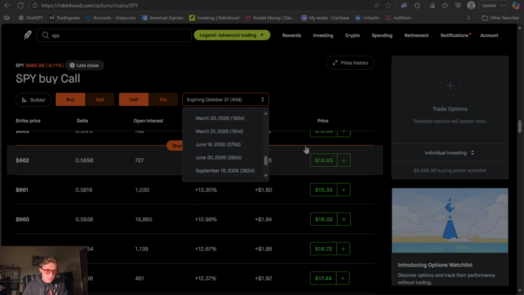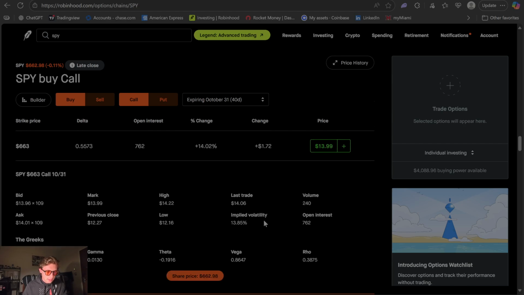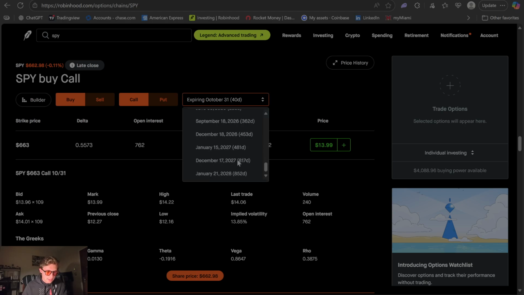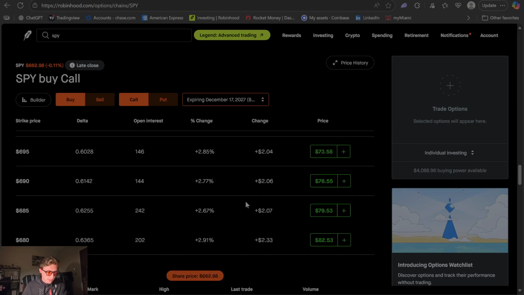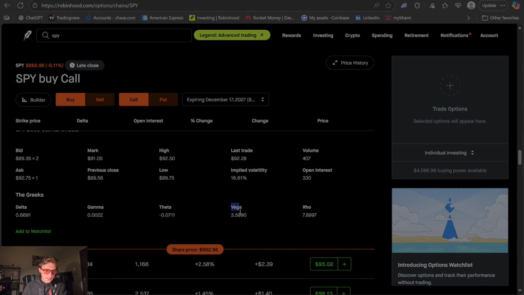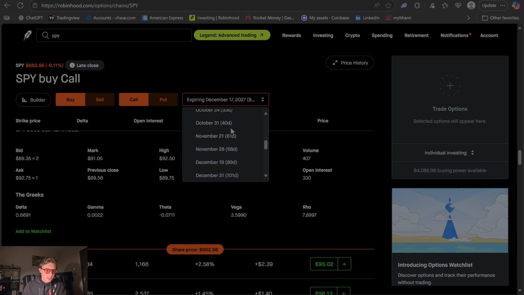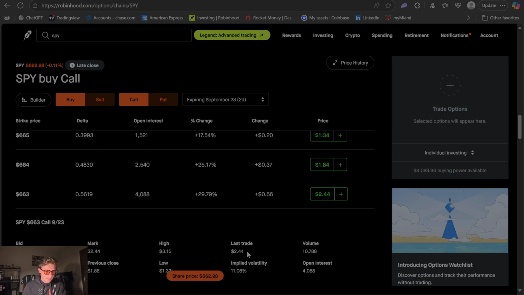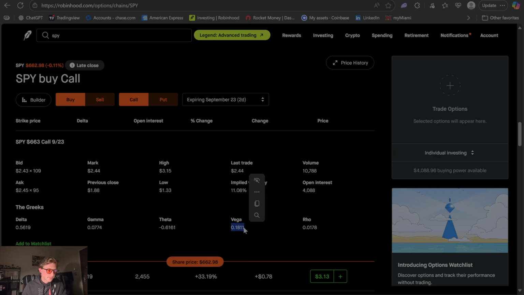For instance, we saw a Vega at the money of 0.86. If I go out to here, as you can see, the Vega is a ton higher, because there's more time for this implied volatility to change. So the closer to expiration, the less Vega is.